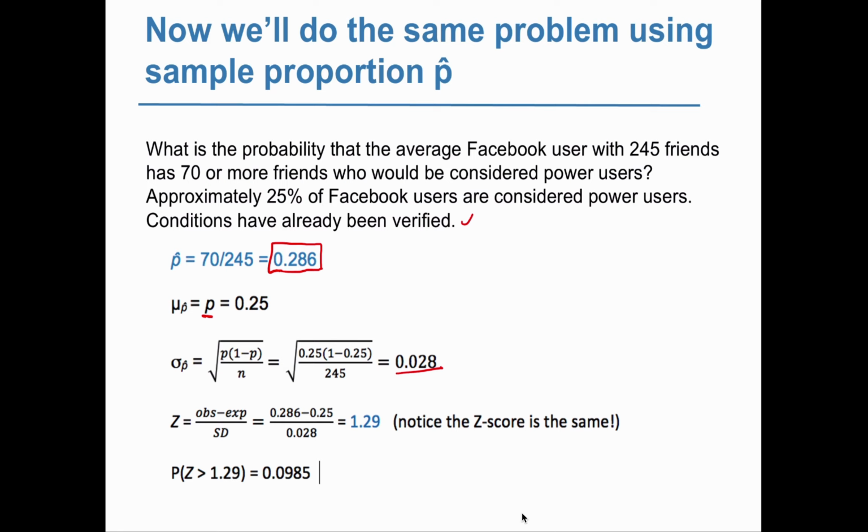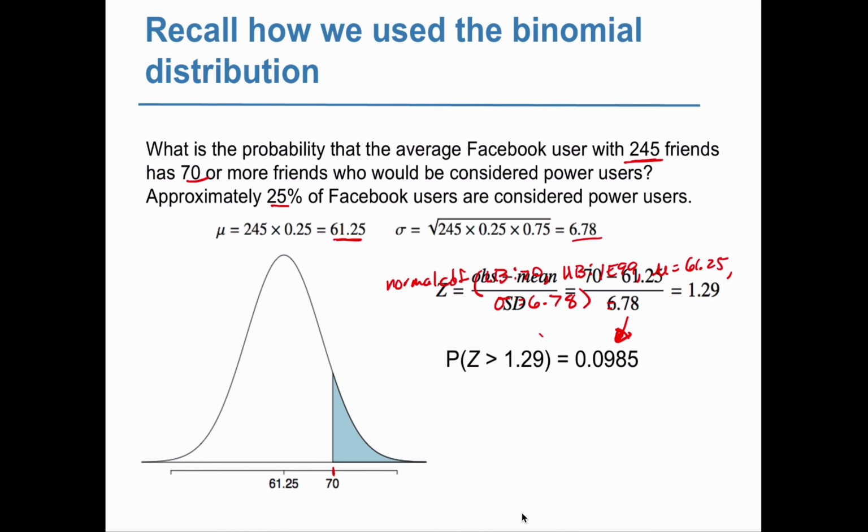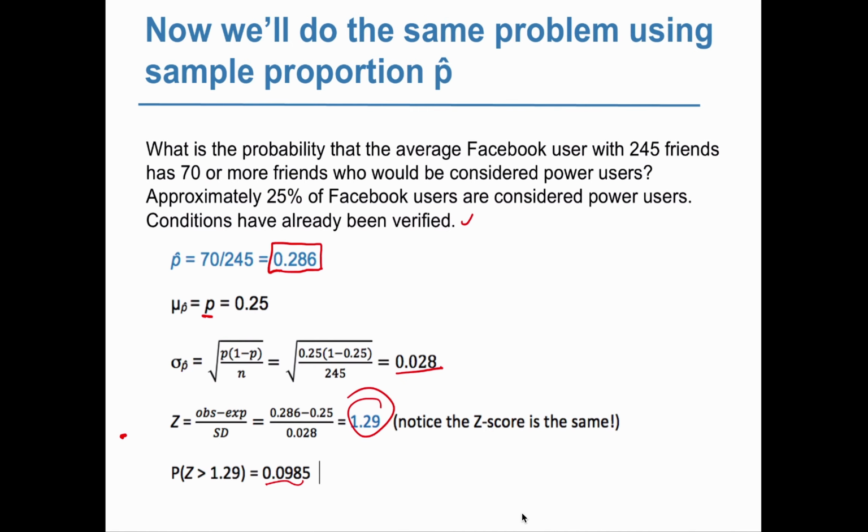If we calculate the z-score, it is the same as it was before, which means that we're going to get the same probability. Or we could do normal CDF with a lower bound of 0.286, upper bound of 1E99, mean of 0.25, standard deviation of 0.028, and that should give you the same thing.